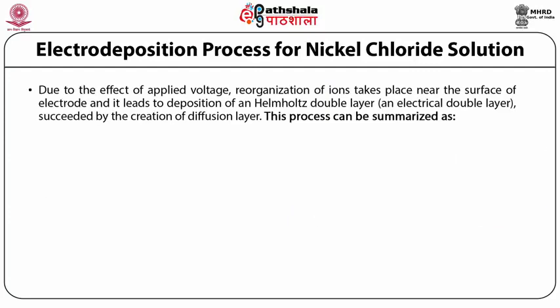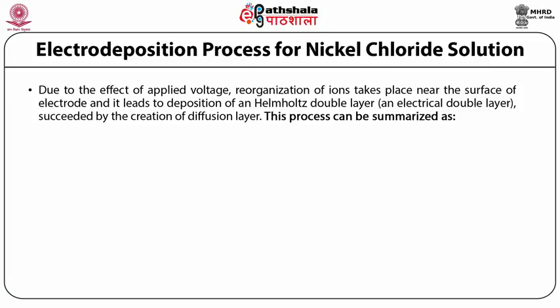Due to the effect of applied voltage, reorganization of ions takes place near the surface of the electrode and it leads to the formation of a Helmholtz double layer, which is an electrical double layer, followed by the creation of a diffusion layer as shown in figure 1b.